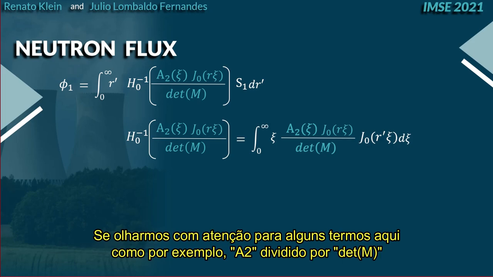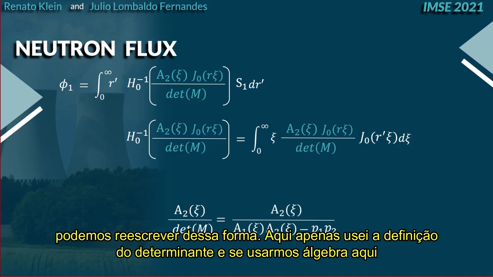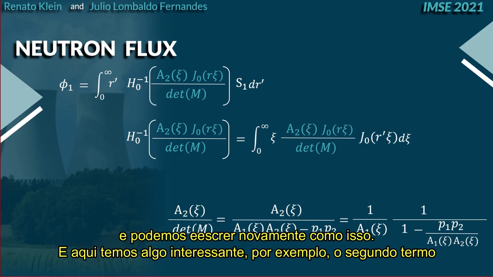And if we pay attention to some terms here, for example, a2 divided by the determinant of M, we can rewrite in this form. Here I just use the definition of the determinant. And if we do some algebra here, we can rewrite it again like this one.